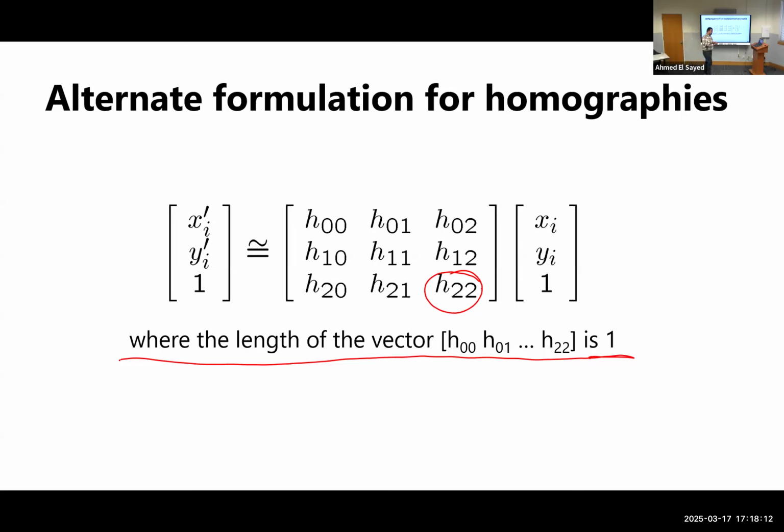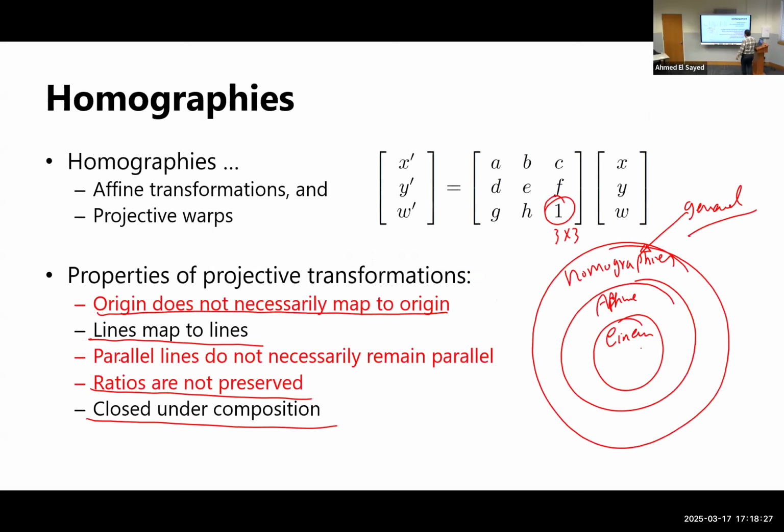So if I give you now 2 images, image 1 and image 2, and I ask you to find the transformation between the 2 images, what exactly will you start to do?